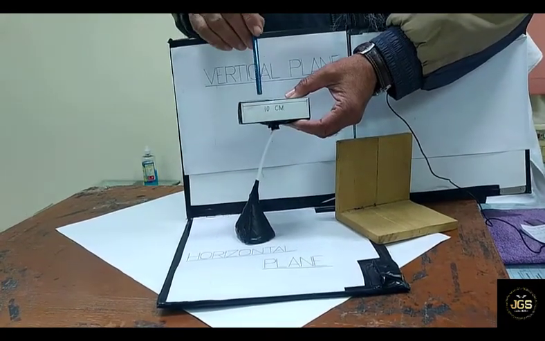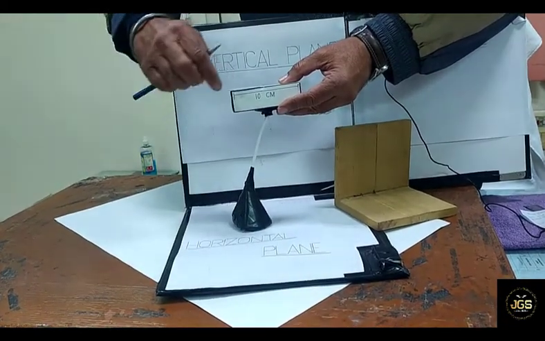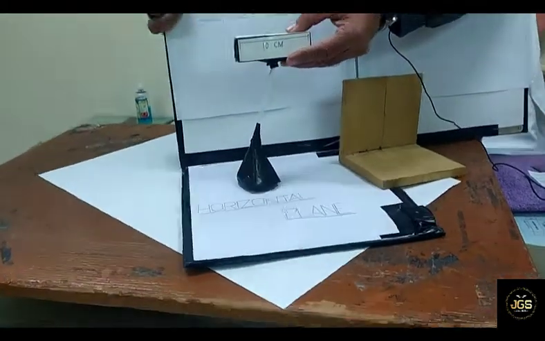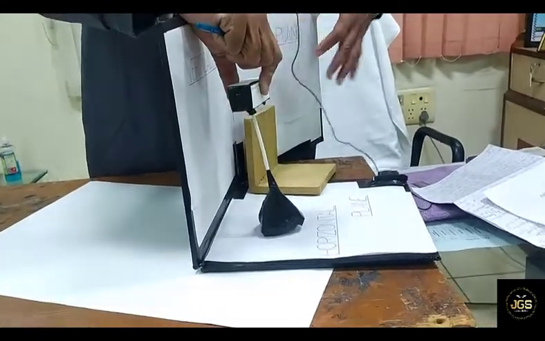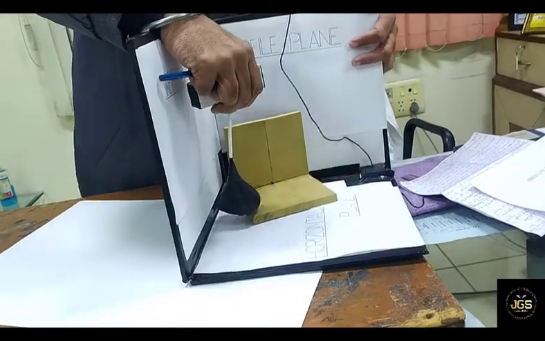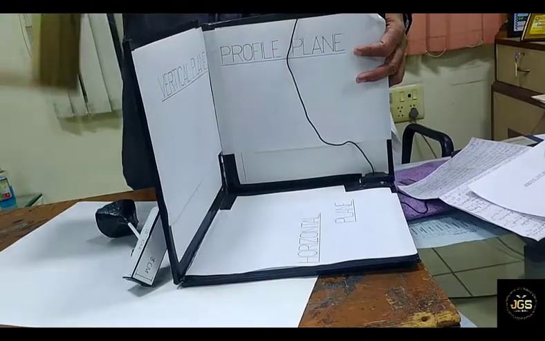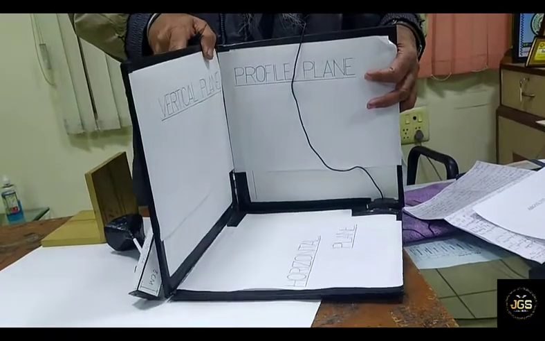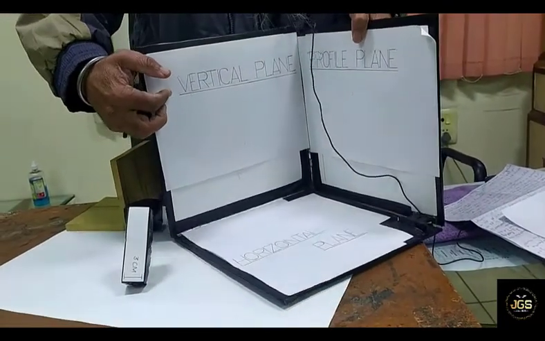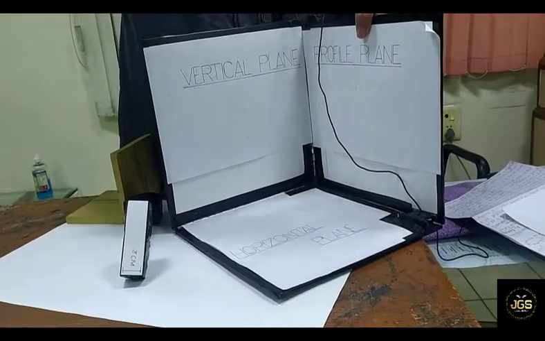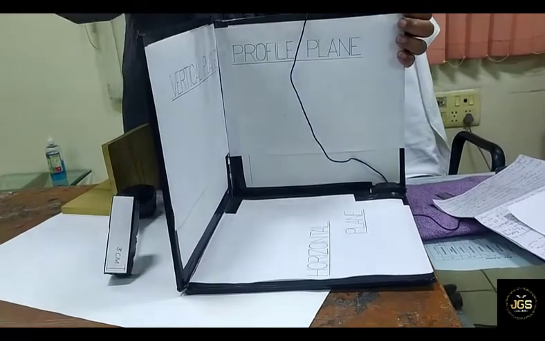If you will look from the above, its projection will be on the horizontal plane. If you will look from this side, its projection will be on the profile plane, that is at right angle to both the axes. This is your profile. So its front view will be on the vertical plane, top view will be on the horizontal plane, and side view will be on the profile plane.